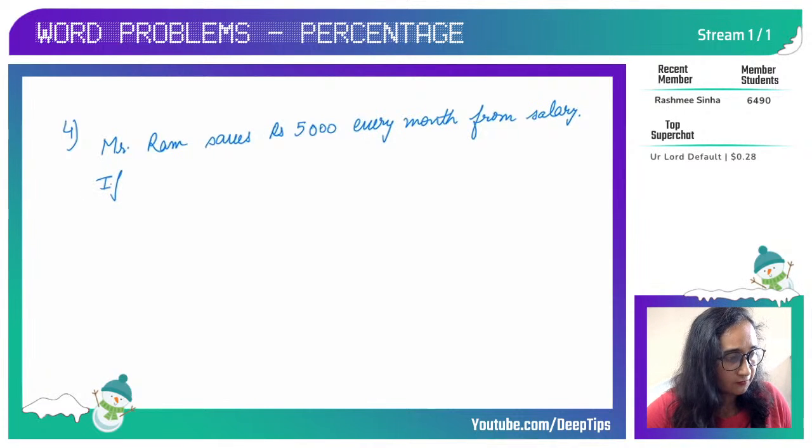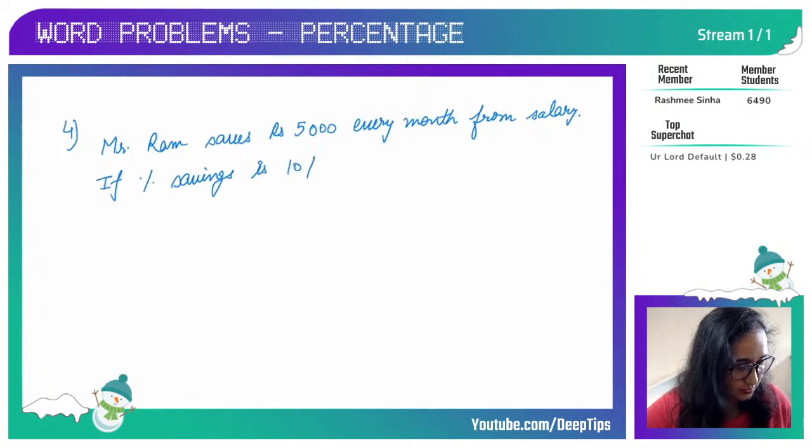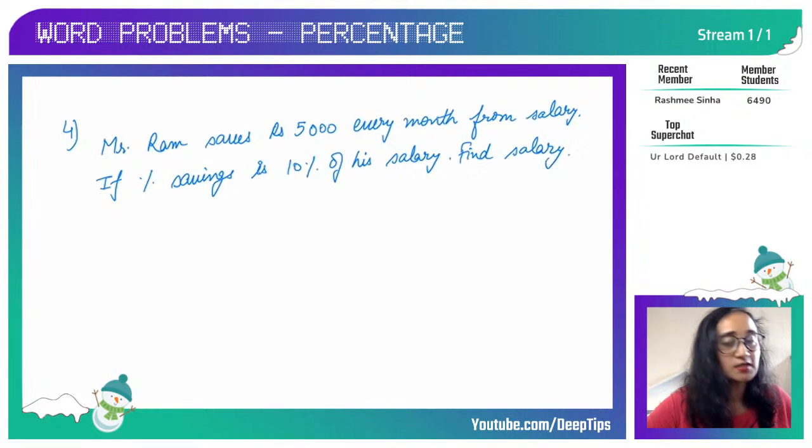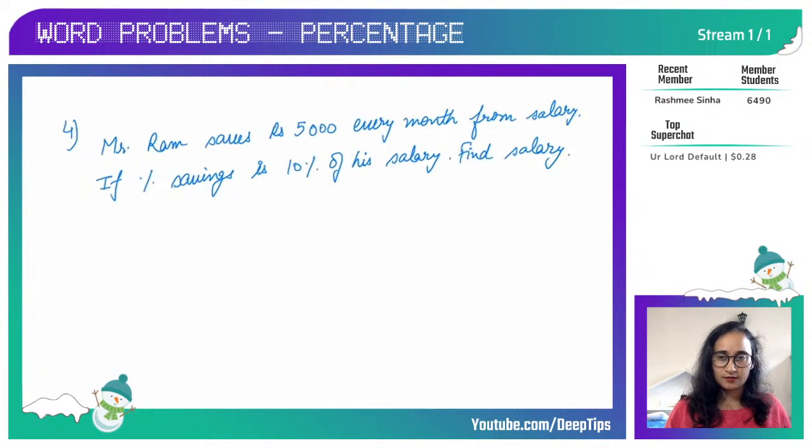Now they have given that if percentage savings is 10% of his salary, find the total salary. Find his salary, that is, how much he earns in a month. So here Mr. Ram saves rupees 5,000 every month. Okay, so savings are given and the saving percentage is also given.